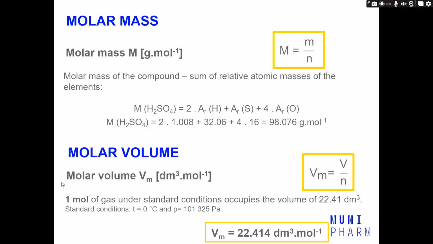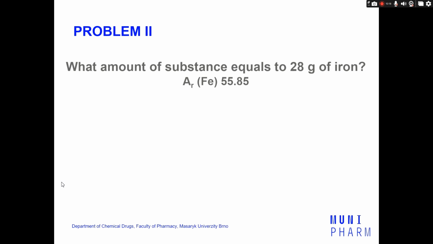Let's try to solve another problem. What amount of substance corresponds to 28 grams of iron? We know that the relative atomic mass of iron is 55.85. The unknown is the amount of substance. So let's look at what information we get from the task.